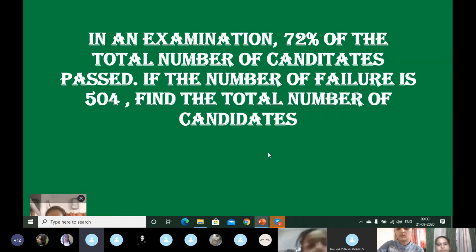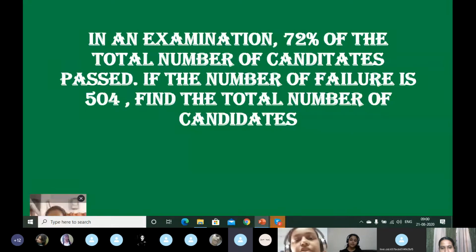A general assumption for the total number will be what? 100%. So with the help of 100%, we can find out how many have failed, because the total number of failures was given to us. Can you tell me what percentage of students have failed?